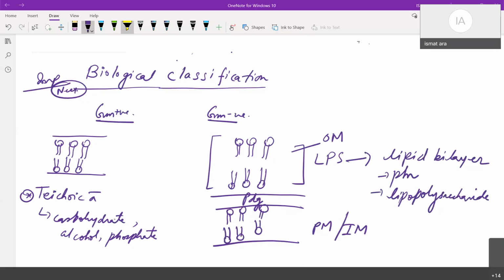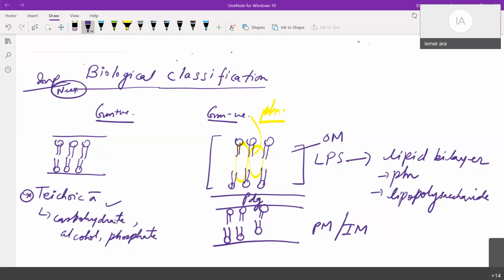Let me show you. This type of channel proteins are present. And one more difference is present here.